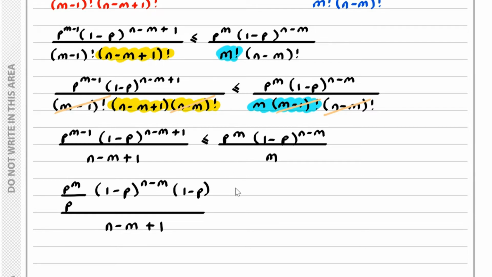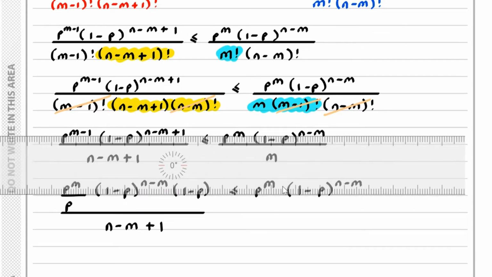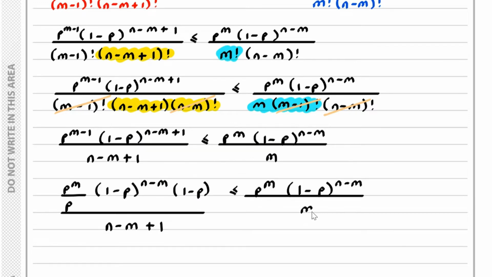And this is less than or equal to p to the m multiplied by 1 minus p to the n minus m divided by m. And then hopefully you see the p to the m cancels. Then we have 1 minus p to the n minus m cancelling.